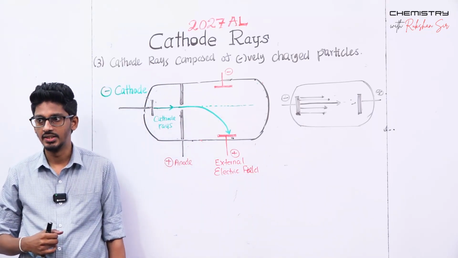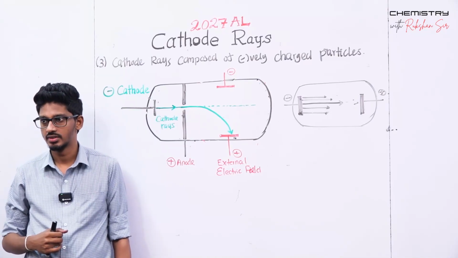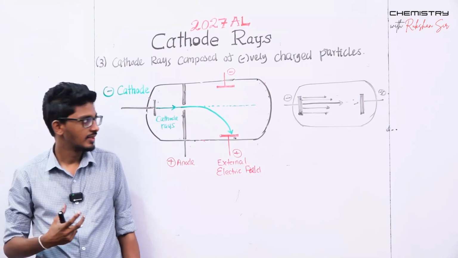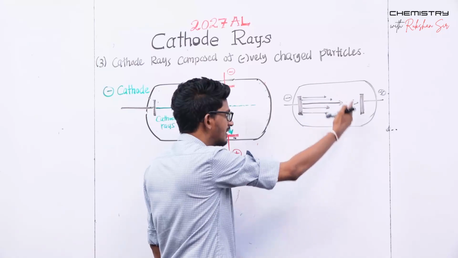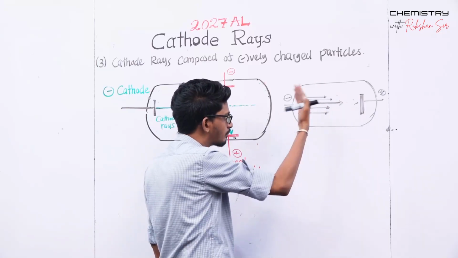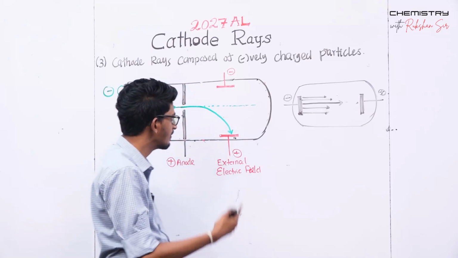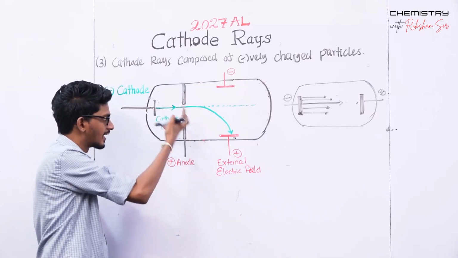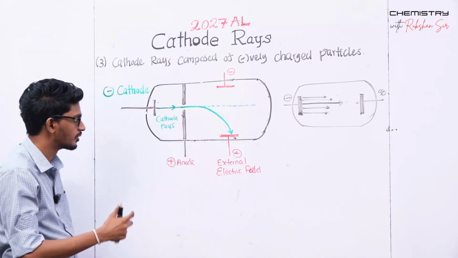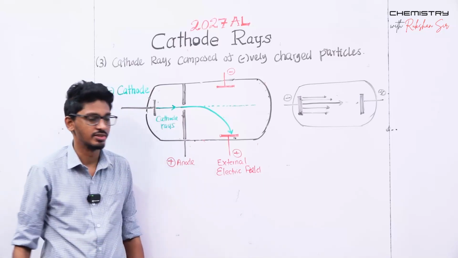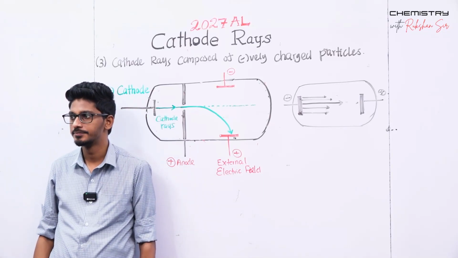Any answer? Why is this setup not enough to prove that cathode rays are traveling towards the positive terminal? Why do we need this kind of complex setup? Any idea?